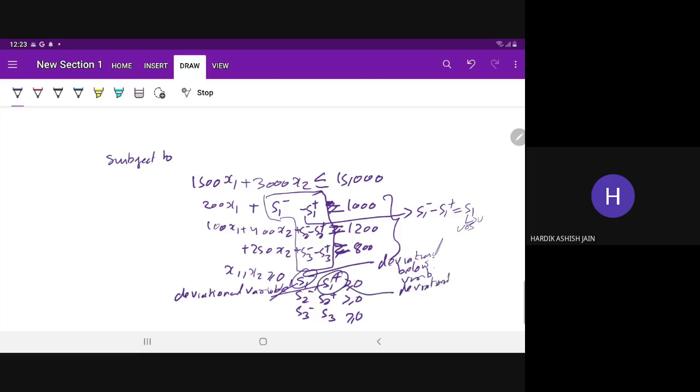Now, in the starting I told you what the objective is. We want the compromise solution. Compromise solution means we want the minimum deviation from the objective. If we are not able to achieve all the objectives, then we want the minimum deviation from the objective.